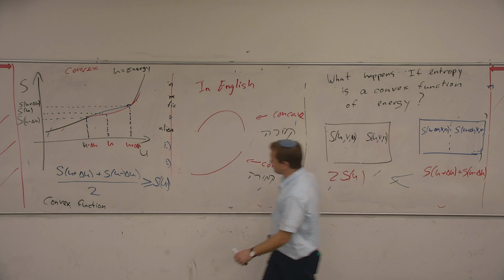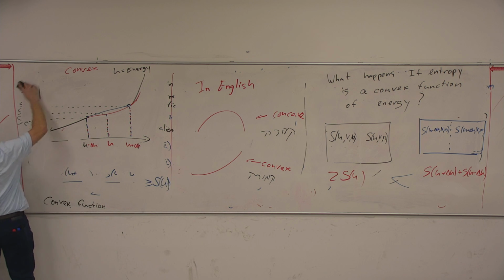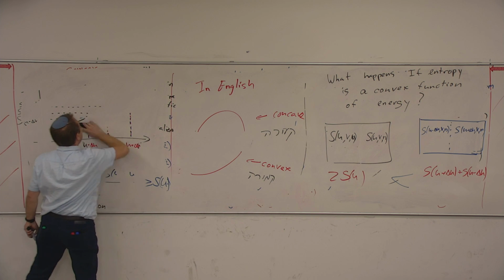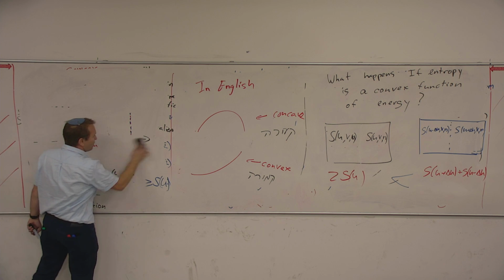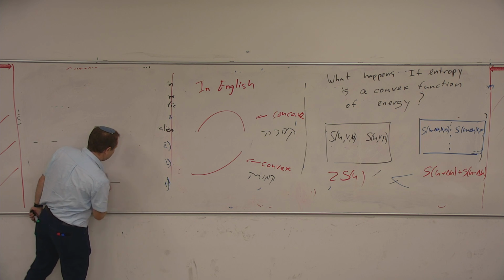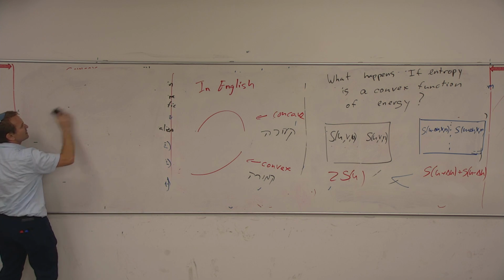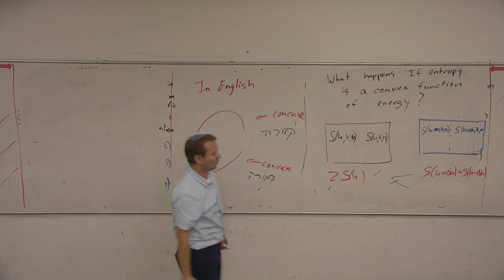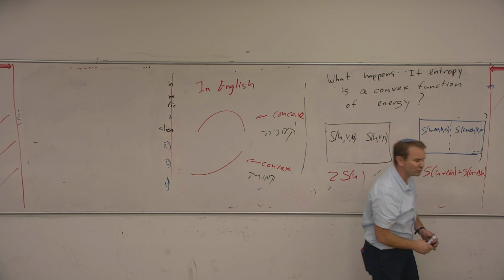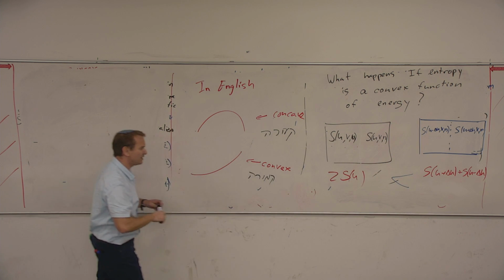Okay, so I will just write the final result. There is a very nice outcome of this concavity of the entropy. I won't prove it to you today. I will prove it to you next week.